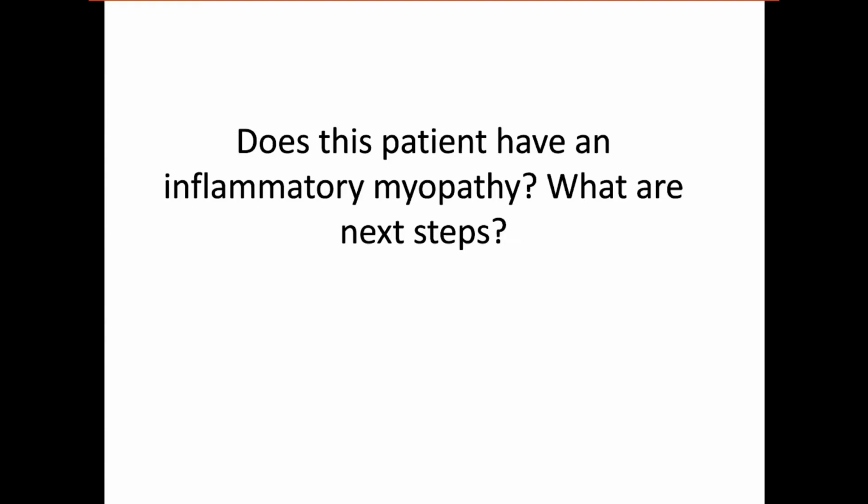So I'll give you some choices. Option A would be do nothing. Option B would be to do a muscle biopsy. Option C would be to treat empirically with steroids. Option D would be, let's say, give IVIG. What would people do?